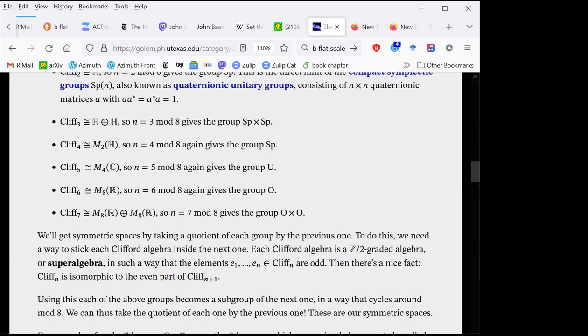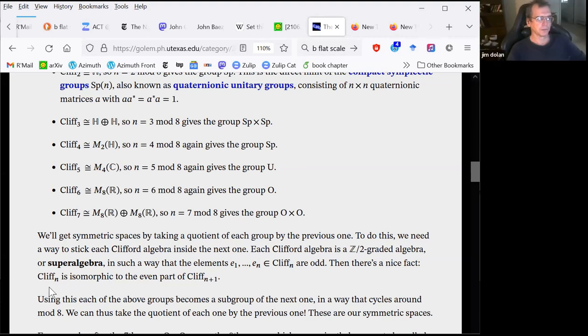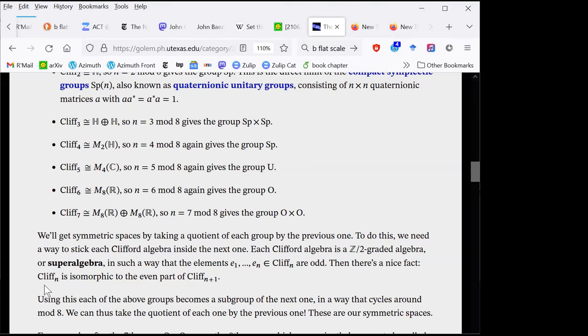And then here's how we get the symmetric spaces. This is how I came up with a way of getting symmetric spaces, which is that each of these Clifford algebras is actually a super algebra where all these generating square roots of -1 are odd. And then there's this cool fact that as an algebra, each Clifford algebra is isomorphic to the even part of the next Clifford algebra.